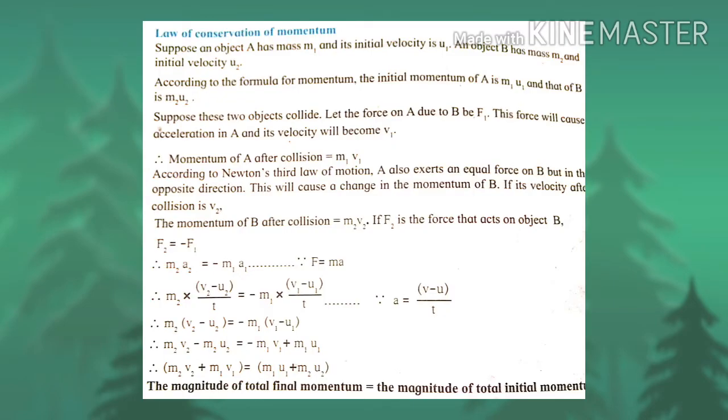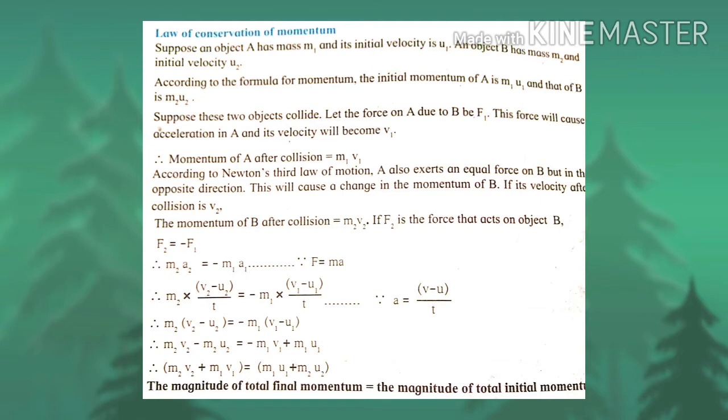Now we discuss the law of conservation of momentum. Suppose an object A has mass m1 and its initial velocity is u1. An object B has mass m2 and initial velocity u2.